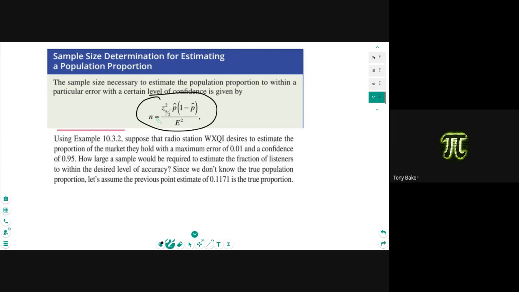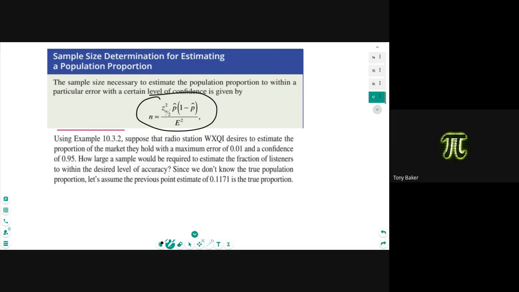So n equals z squared times p times 1 minus p over e squared. Yes, it is still the error, yes.